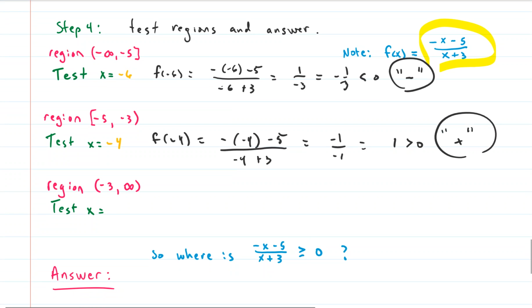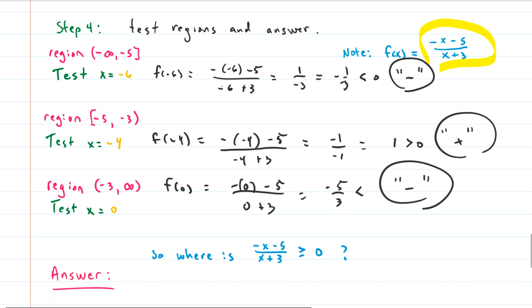And finally, we get to pick 0, because 0 is in the region from -3 to infinity. So f of 0 gives us (-0 - 5)/(0 + 3), which is -5/3, which is negative.